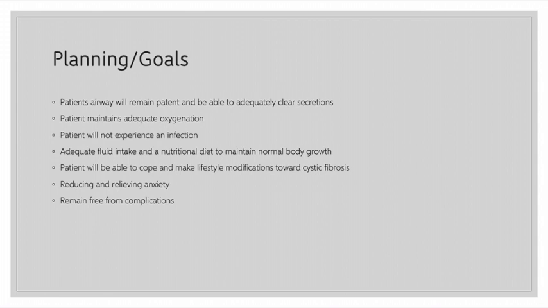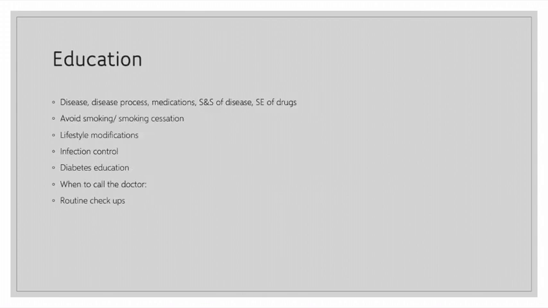Planning and goals, obviously, the patient's airway is going to remain patent. They're going to be able to clear those secretions, have adequate oxygenation, no infection is going to be present, adequate fluids and nutrition, being able to cope and make lifestyle modifications, reduce anxiety, remain free of complications. Pretty straightforward stuff.